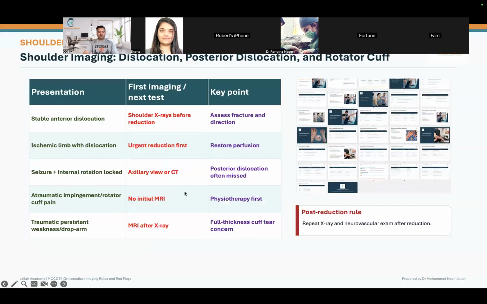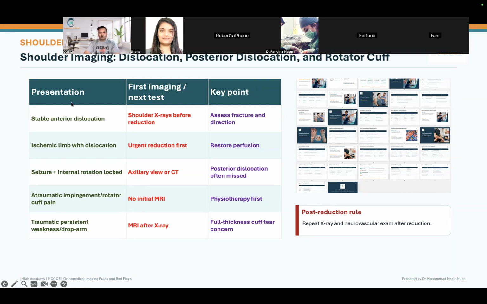Aspirate urgently. For this, we don't worry about the X-ray. We have to check the fluid. So septic arthritis is threatening the joint, and compartment syndrome is threatening the entire limb.